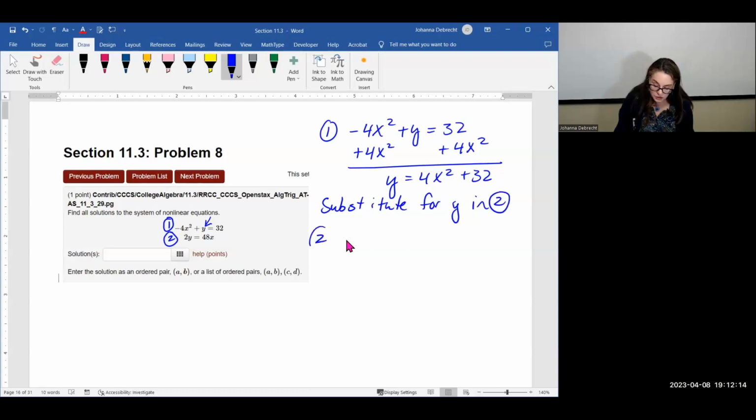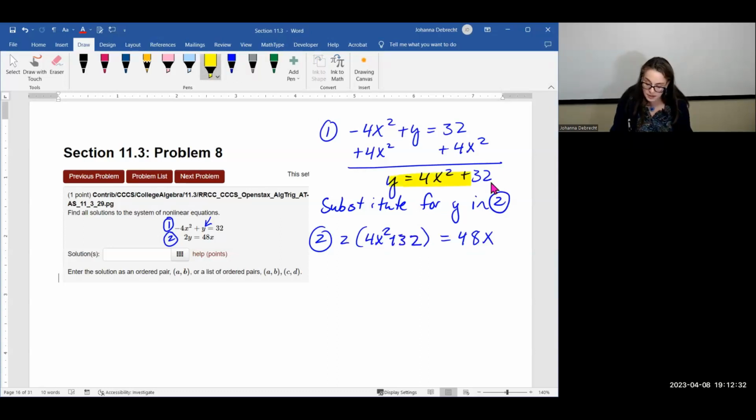In equation 2, I have 2 times something equal to 48x. My something is the 4x squared plus 32. So this expression here gets substituted for y in equation 2.